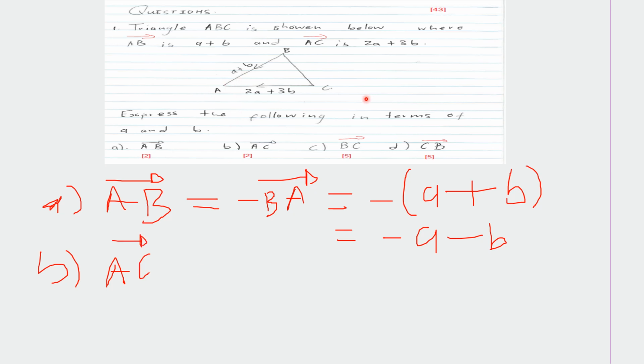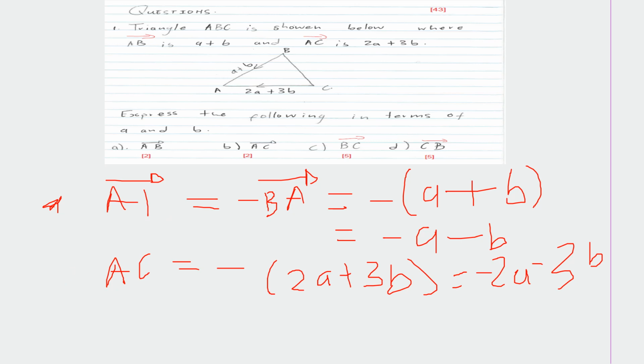AC is in the opposite direction, that means AC is equal to negative CA. But CA we know is 2A plus 3B. So the final answer will be negative 2A, negative 3B.